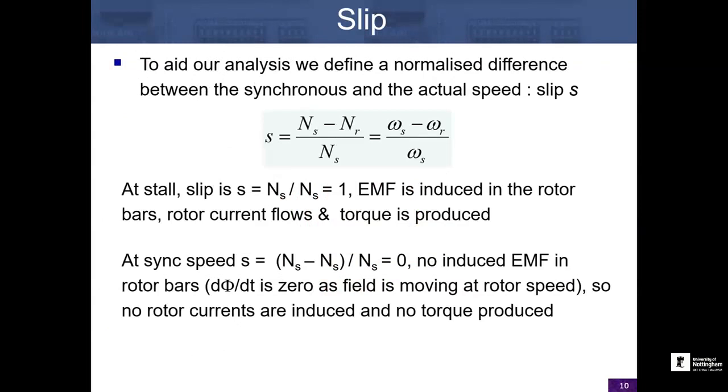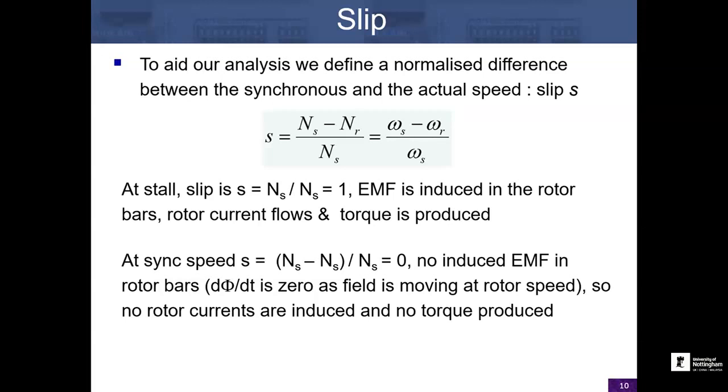We actually have a factor that governs this. Because this is an important factor, we have a factor called slip, which gives us the difference in speed between the synchronous speed of the rotating field and the rotational speed of the rotor. So our slip is synchronous speed minus rotating speed, divided by synchronous speed.